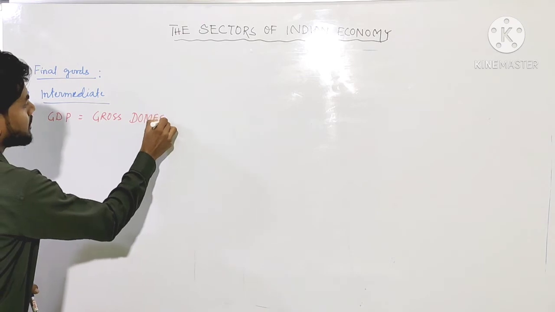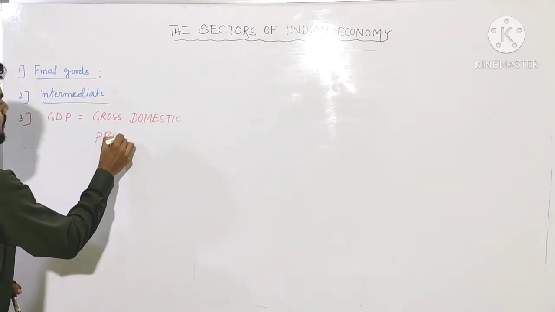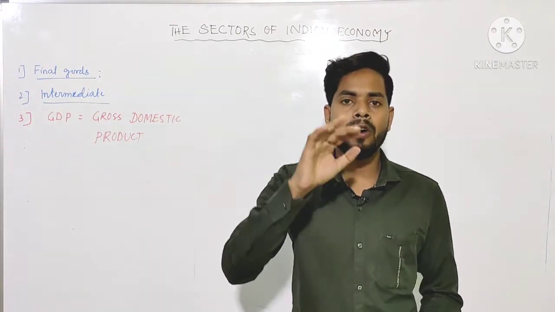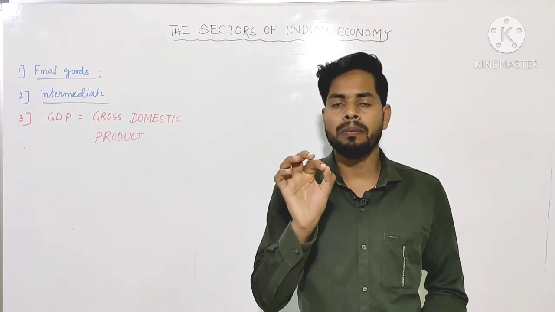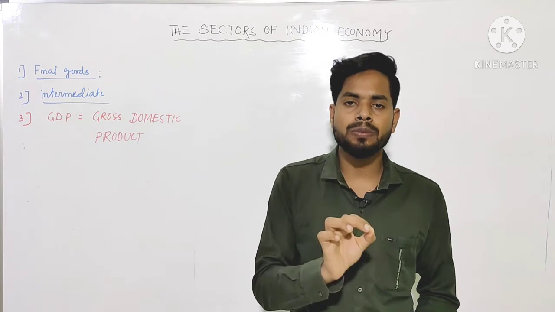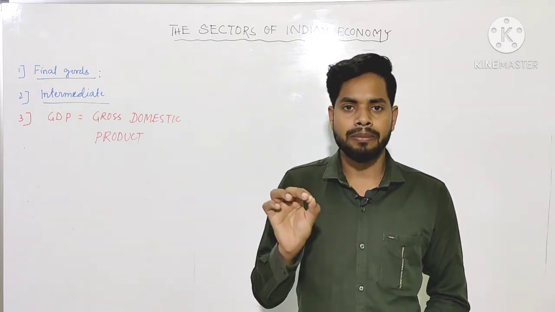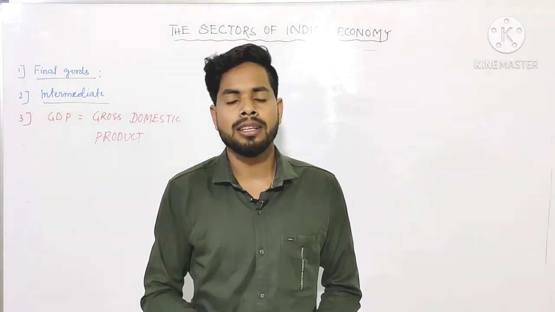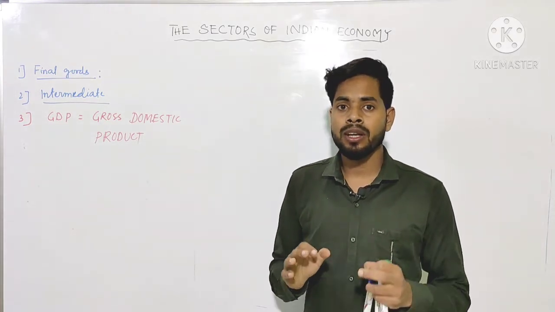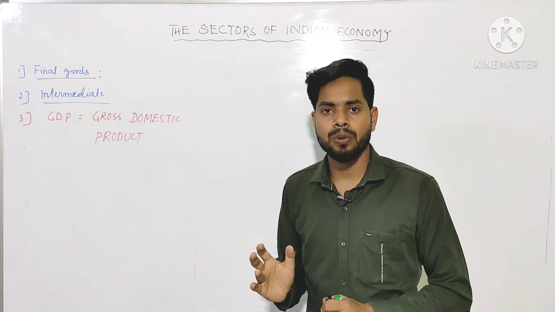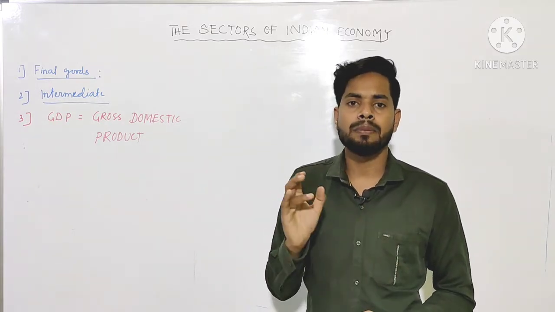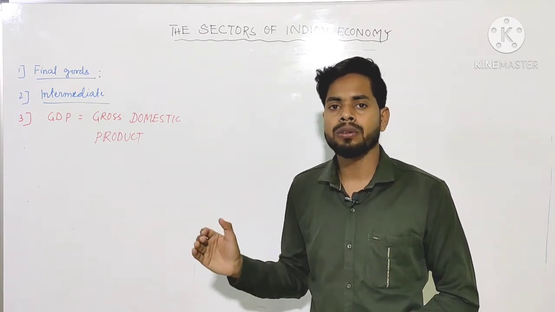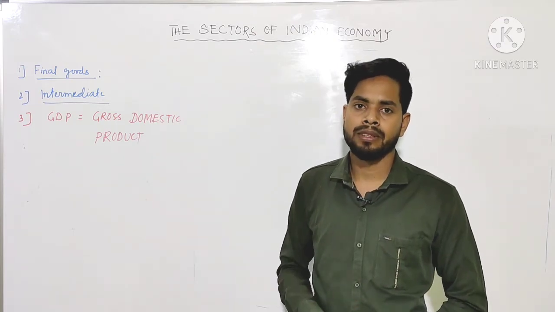The market value of all final goods and services produced by the three sectors, primary, secondary and tertiary, within a country throughout the year is called the GDP. I repeat this once again.